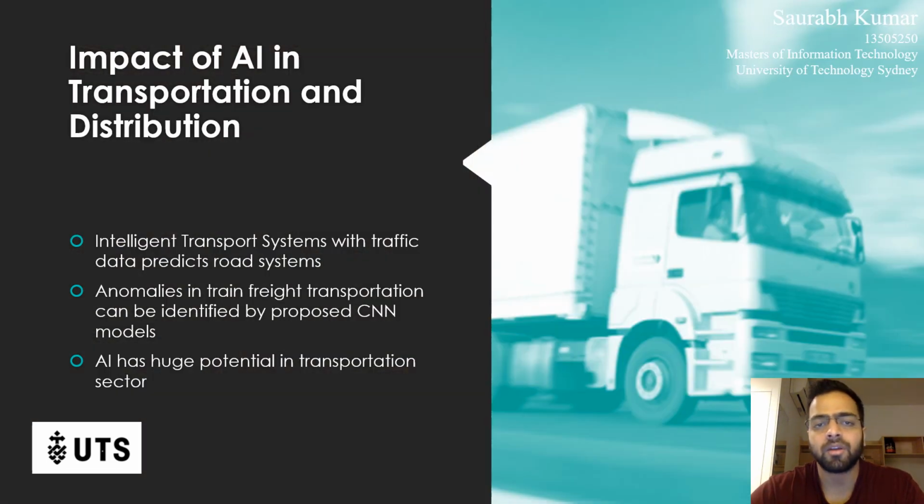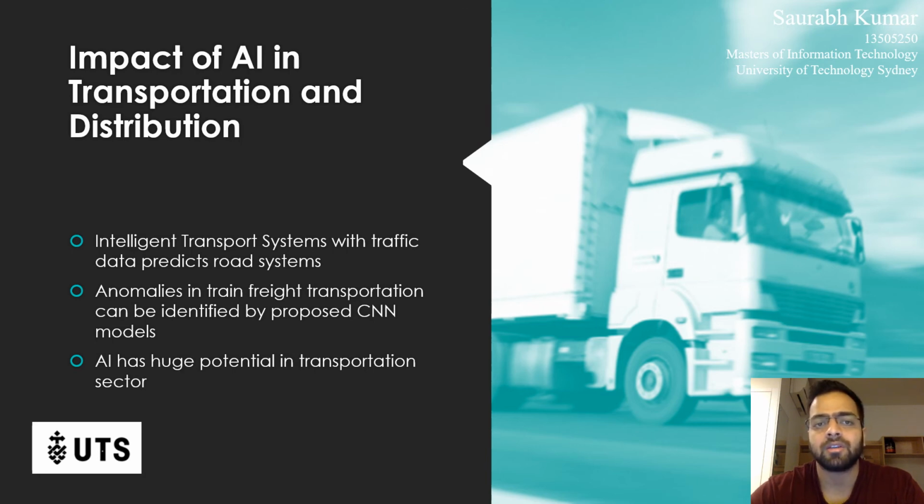Predictive modeling using machine learning techniques in transportation and distribution sectors, such as forecasting traffic with intelligent transportation systems and autonomous vehicles, provides tools for this sector for their smooth operation.